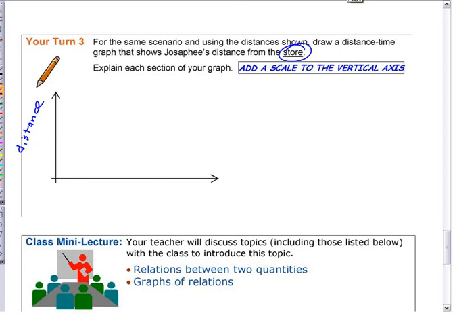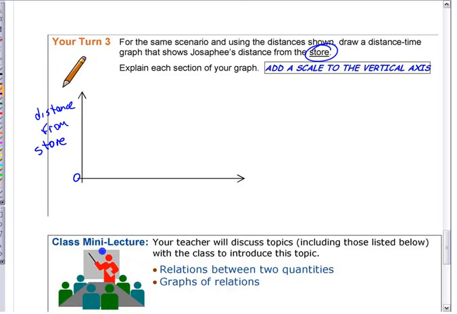If you're doing this as distance being positive regardless of which side of the store you're on, because this is distance from the store, right? Distance from the store at 0 here. And at the most, how far from the store could you be? What's the farthest away she can be from the store? I think 3, so we only really need it to go up to 3.